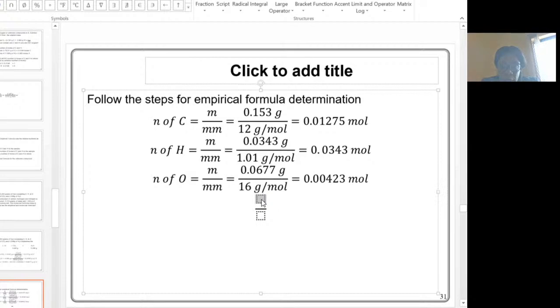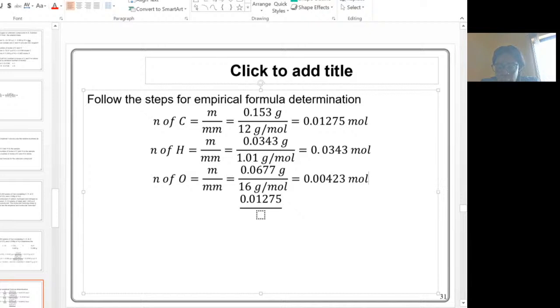So we get the first one. For carbon, it is 0.01275 over 0.00423, since we are dividing everything by the smaller number of moles.